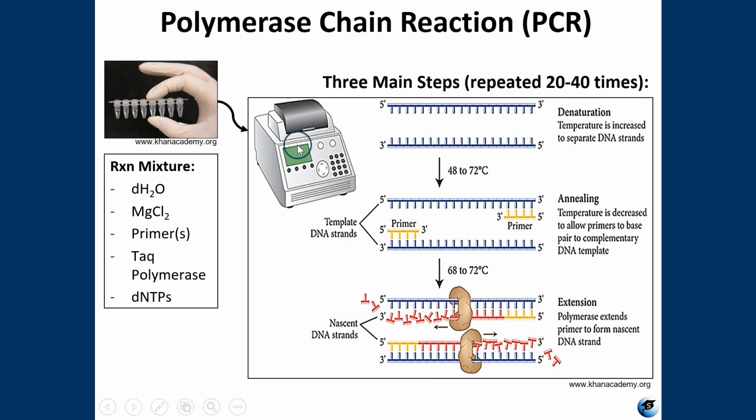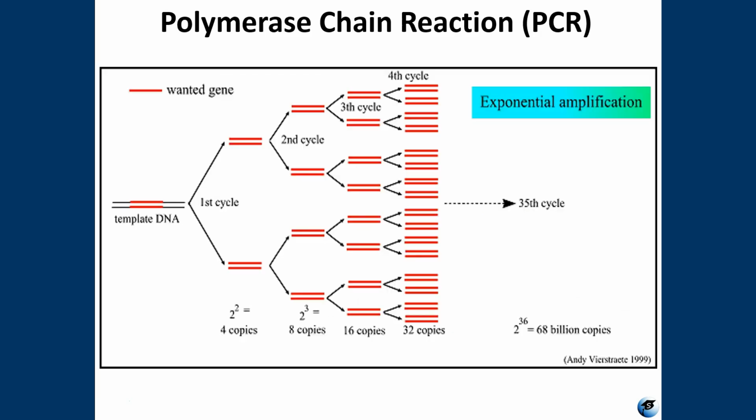And then you put that, mix it up real good, and you put it in your thermocycler to cook it, right? So it heats it up real hot, and it breaks those hydrogen bonds in the middle, and then primer comes and adds, and then that's when you drop the temperature, and then the Taq polymerase comes and adds new dNTPs. And this happens over and over again, usually like 20 to 40 cycles, and the machine cycles through all those temperatures automatically.